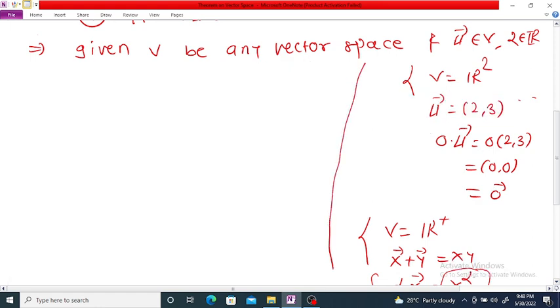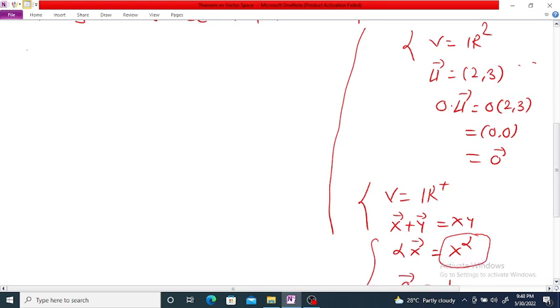So to prove this, now let us consider 0 into u bar. As we know, we can write 0 as 0 plus 0, so (0 plus 0) into u bar. Why?